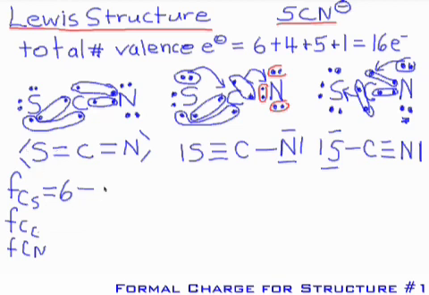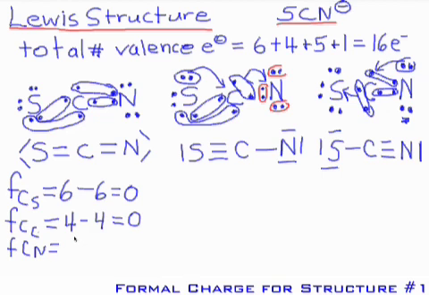So 6 minus 6 equals 0. That's again 2, 4 from the lone pairs, another 2 from the bonds, 1 from each bond, makes a total of 6. Carbon has 4 valence electrons. No lone pairs, only bonding electrons. We count 1 for each bond. 4 minus 4 equals 0.